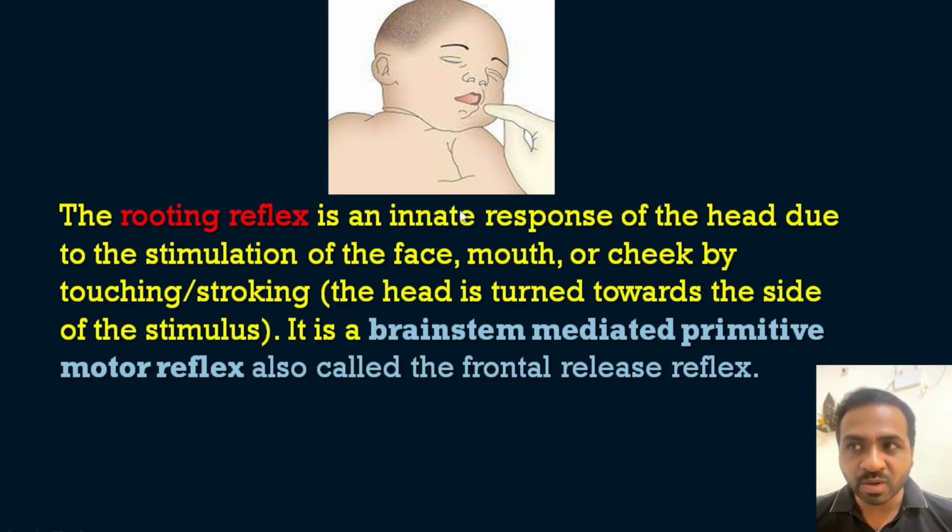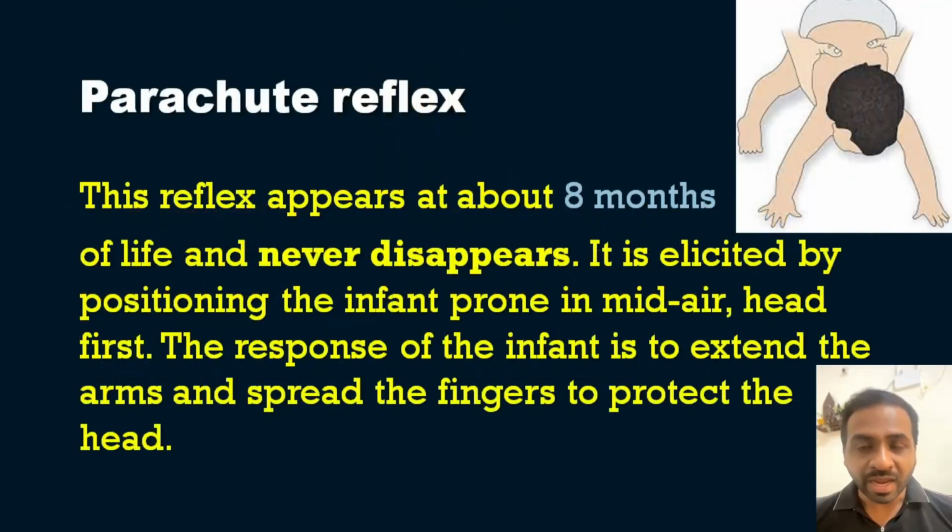So this is the picture of the rooting reflex. We will see the other options also. Another option was the parachute reflex. This reflex appears at about 8 months of life, and it never disappears. It is elicited by positioning the infant in the prone position in mid-air, head first.